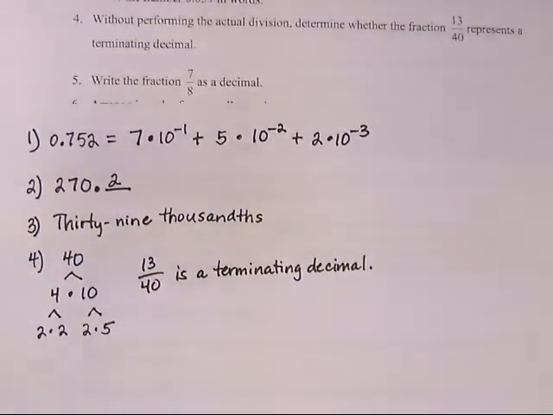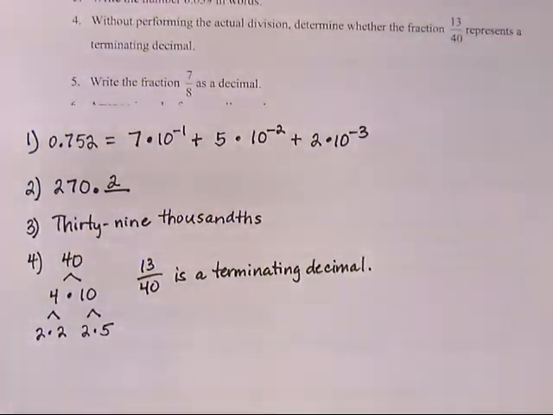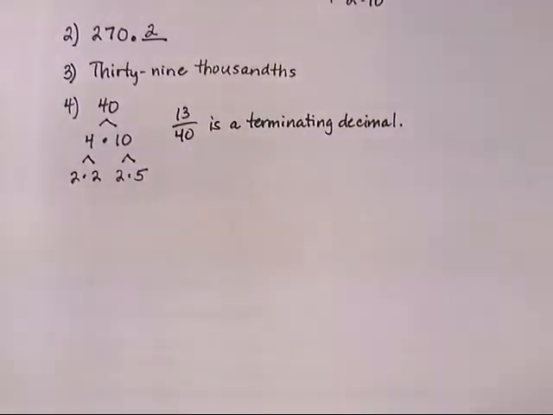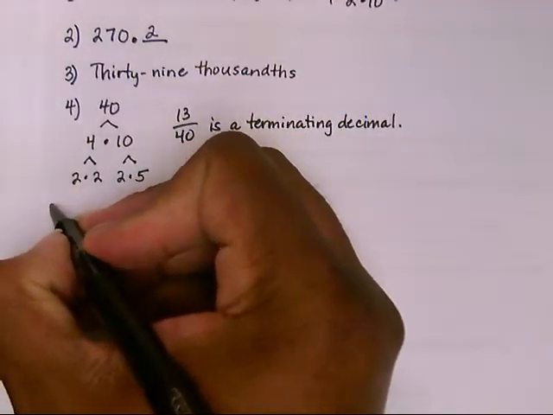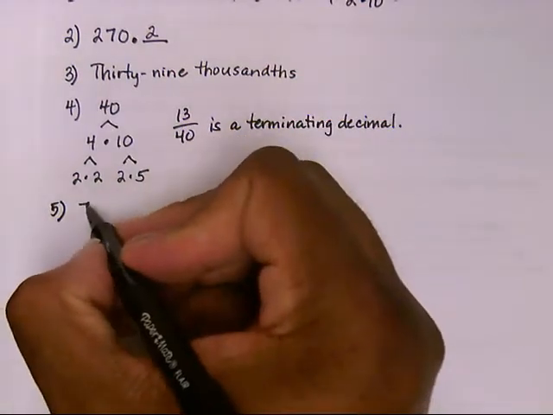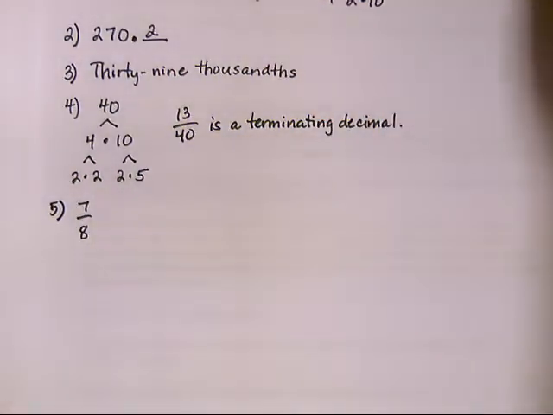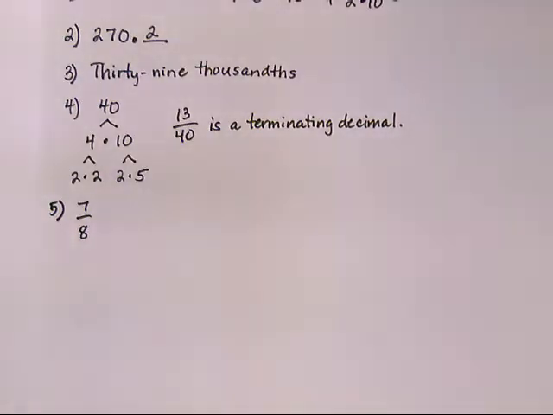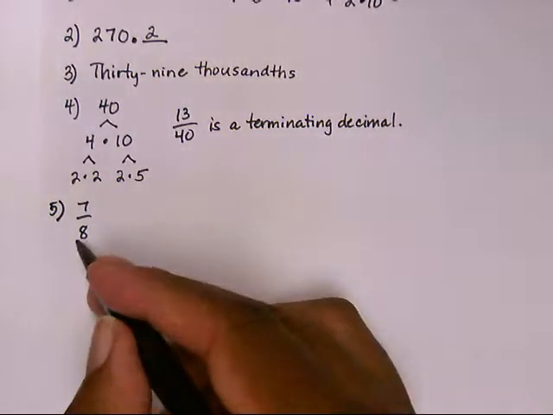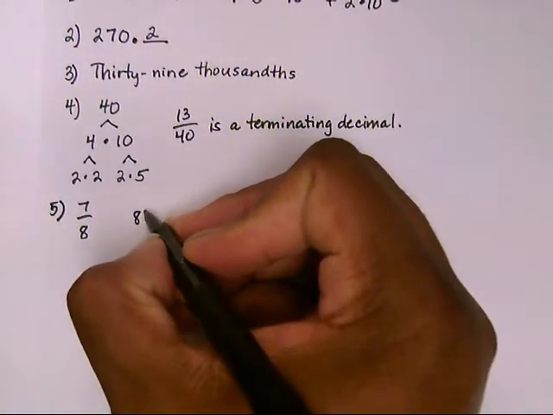All right, number 5 is to write the fraction 7 over 8 as a decimal. Now I'm going to have to pull this paper up so that y'all can see this. Alright, 7 over 8. Here we divide the denominator into the numerator using long division.